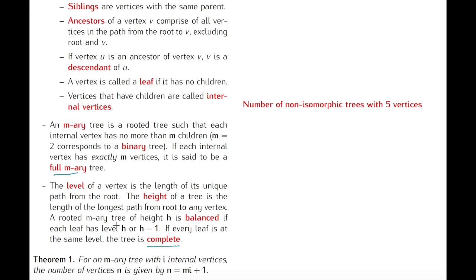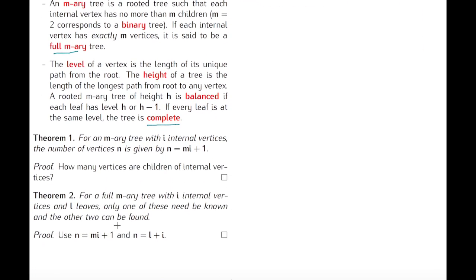But what we are really interested in is that for an m-ary tree with i internal vertices, the number of vertices n is given by m times i plus 1. The proof goes like this. We have to think about how many vertices are children of internal vertices. All of them except the root, correct?